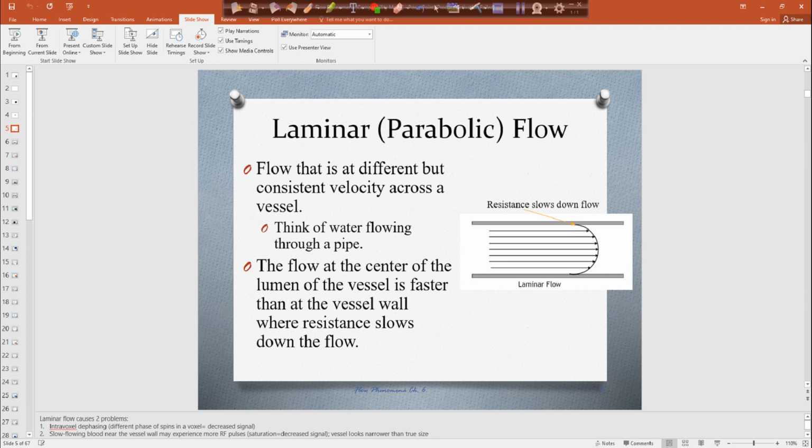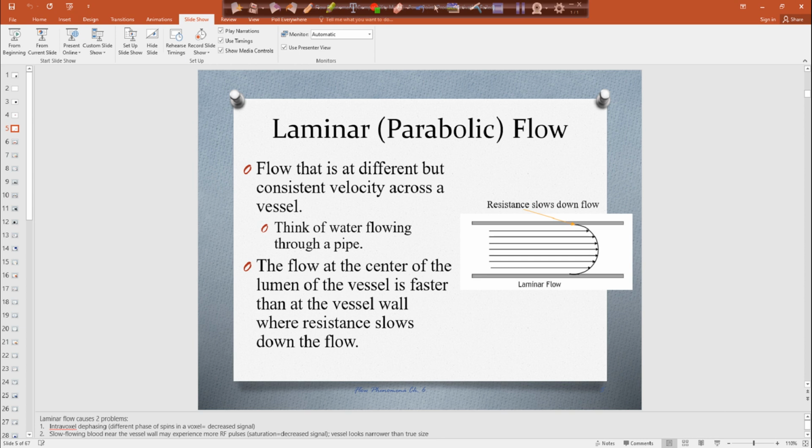So sometimes this creates two different problems. It causes what we call intravoxel dephasing, because some nuclei are flowing faster than the nuclei closer to the vessel wall. Anytime you have two different phases, meaning at different times with your clock, so imagine the nuclei right in the middle are flowing faster, so they're actually going to be moving along those gradients quicker, so they're going to dephase a lot faster compared to the ones that are moving closer to the wall.